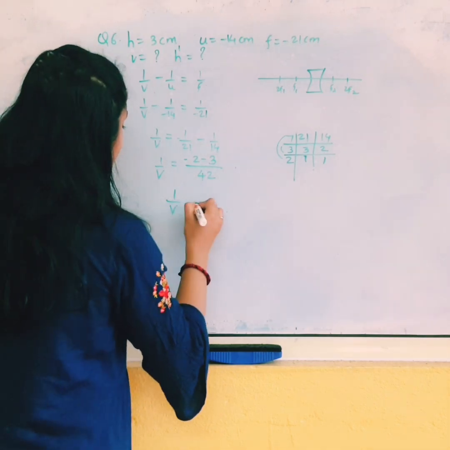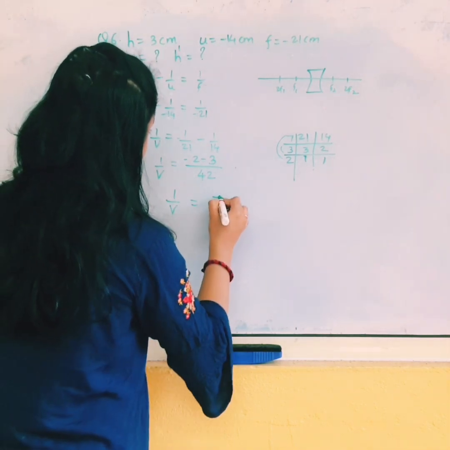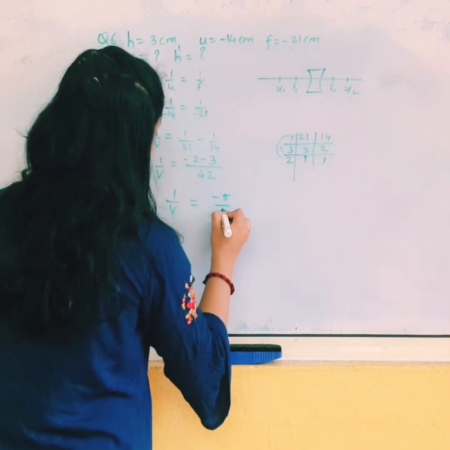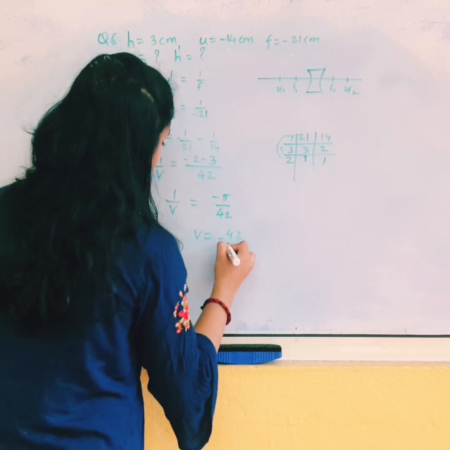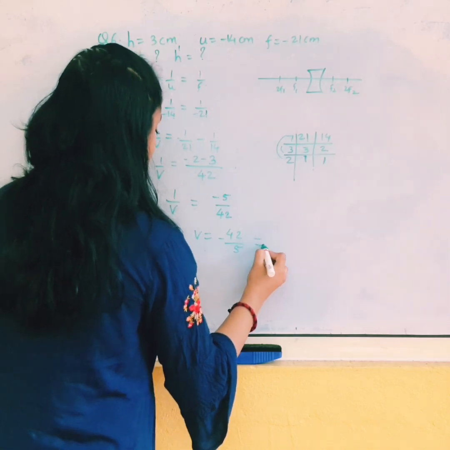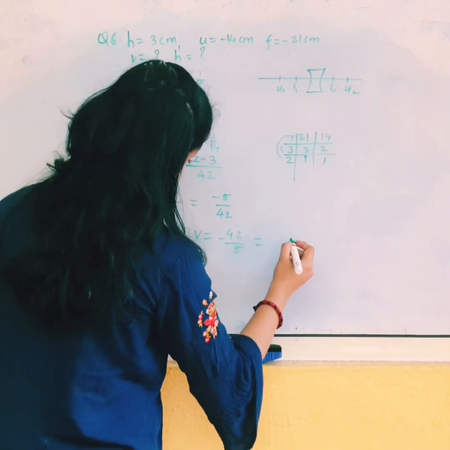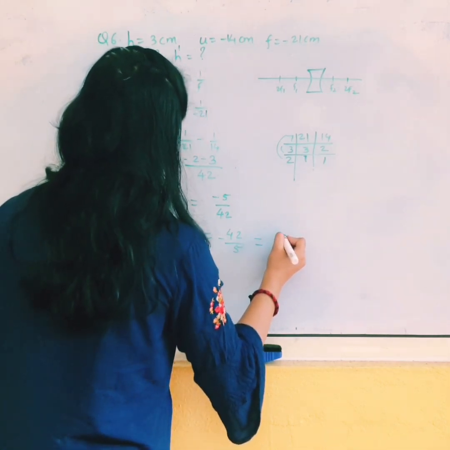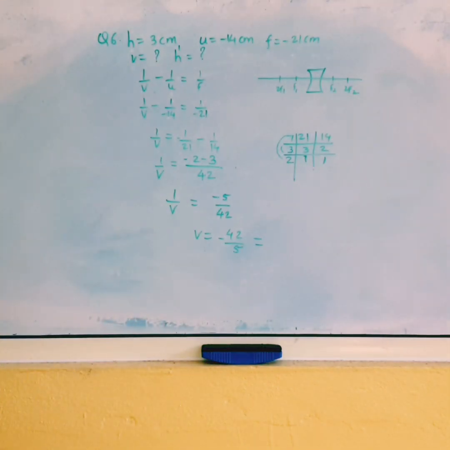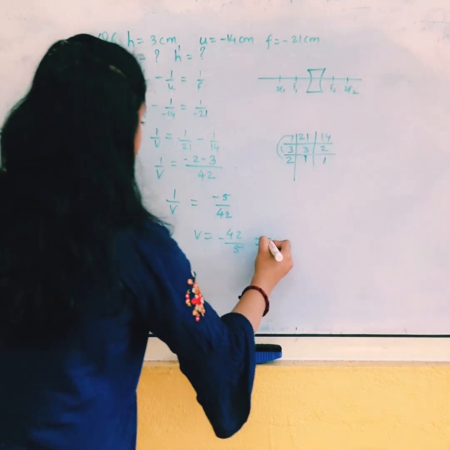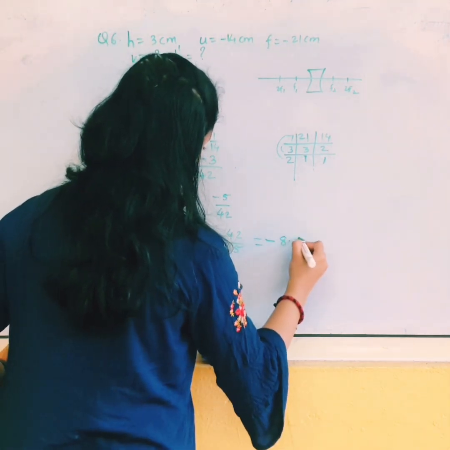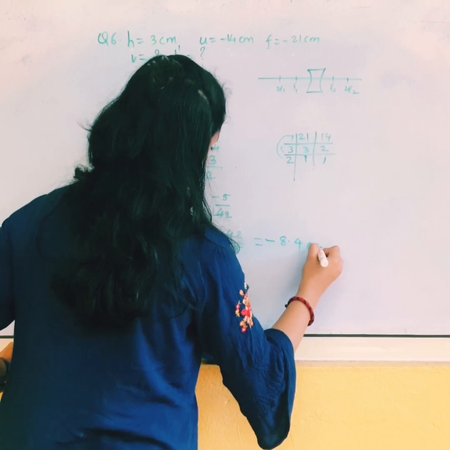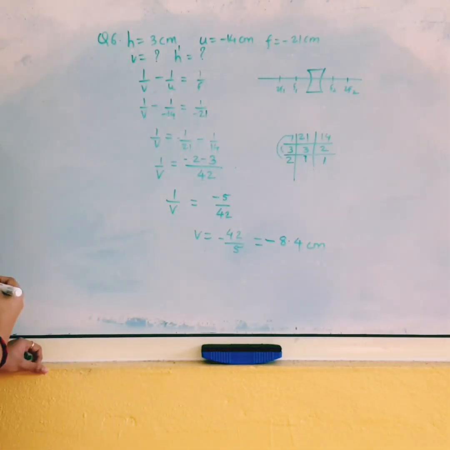Now 1 upon v is equal to, so v will be equal to negative 8.4 centimeter.